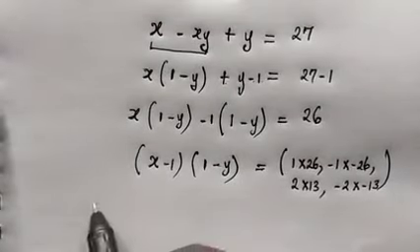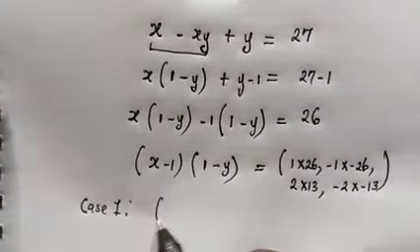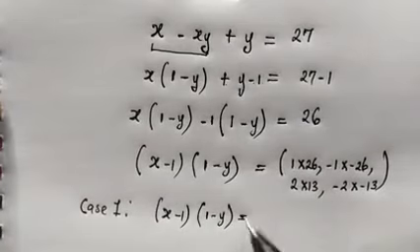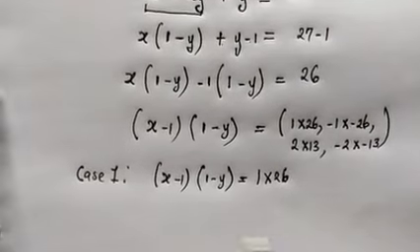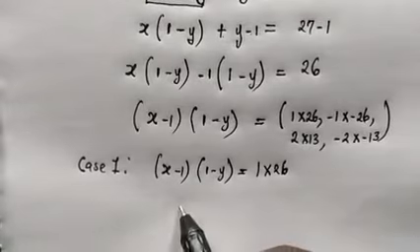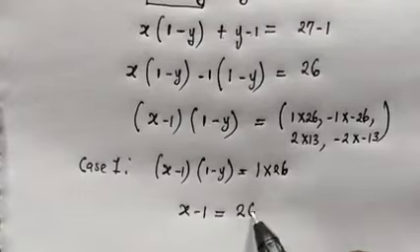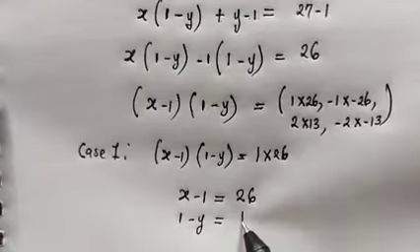So now let us consider the following. In our case 1, this is where we have x minus 1 multiplied by 1 minus y is equal to 1 multiplied by 26. So here let us compare this as x minus 1 is equal to 26, and here 1 minus y is equal to 1.